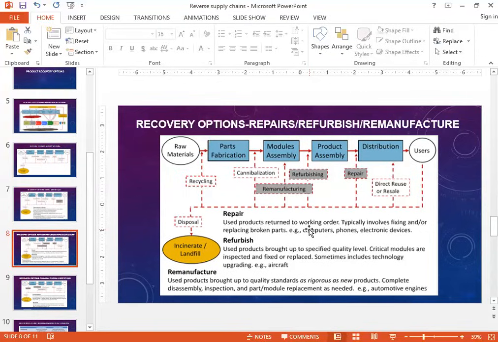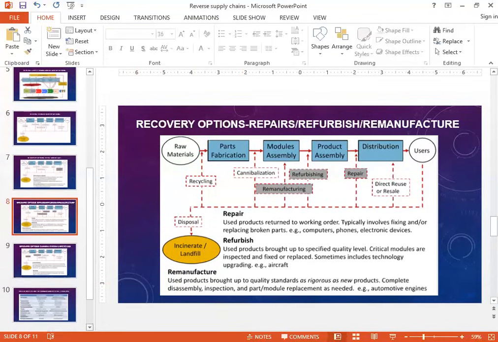If for example a clothing good is returned, perhaps the buttoning wasn't correct, or there are certain buttons missing. Those would then be stitched on, and then it would be sent for distribution. So as you can see, each one of these is a different strategy, but these are all options that companies have to deal with returned products.